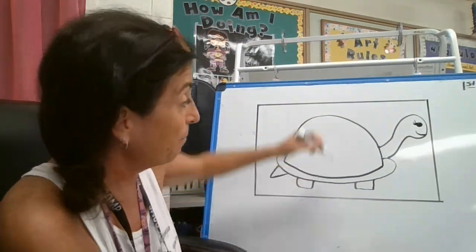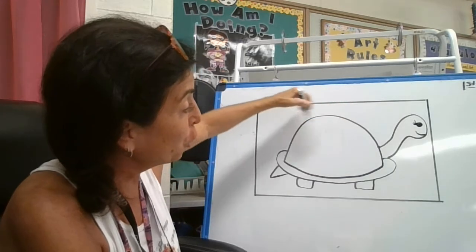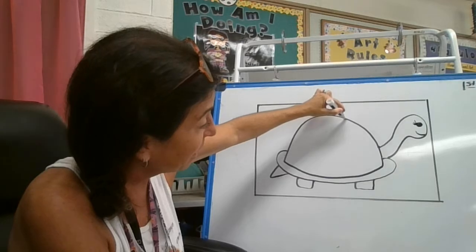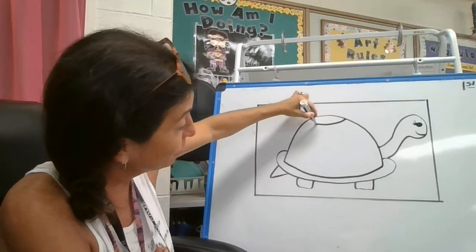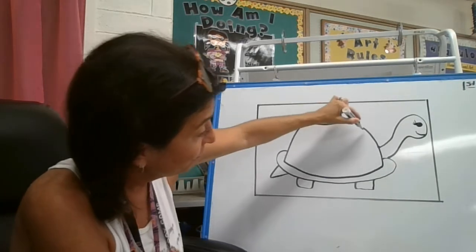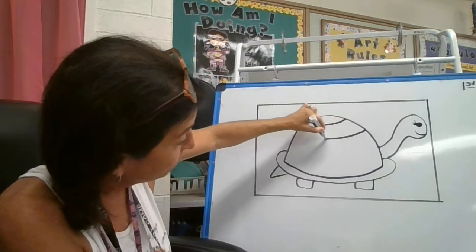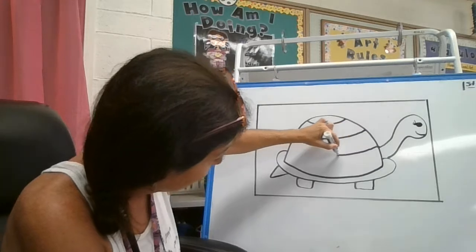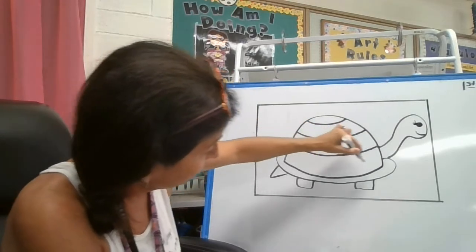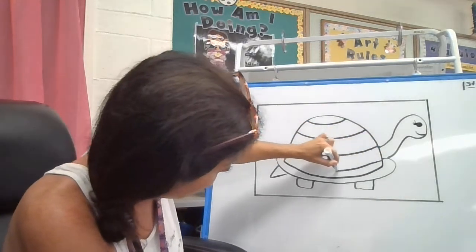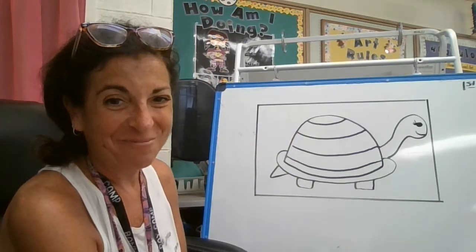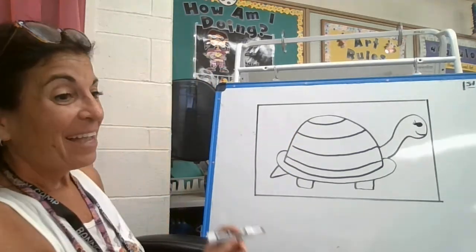The next step, we are going to make some curved horizontal lines. We're going to start at the top and go like this. Ready? Good job. That looks great.